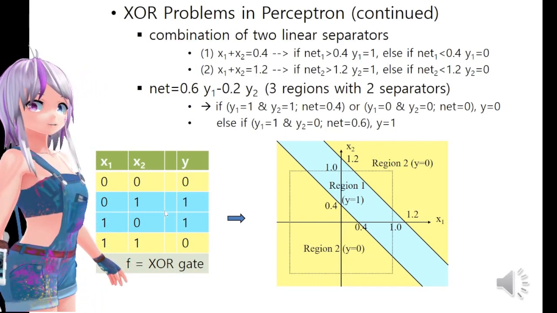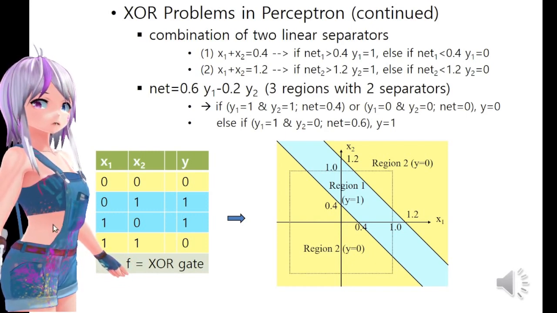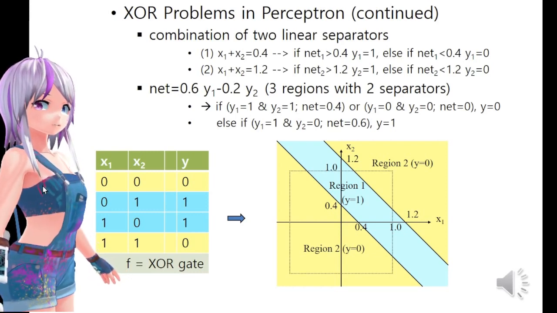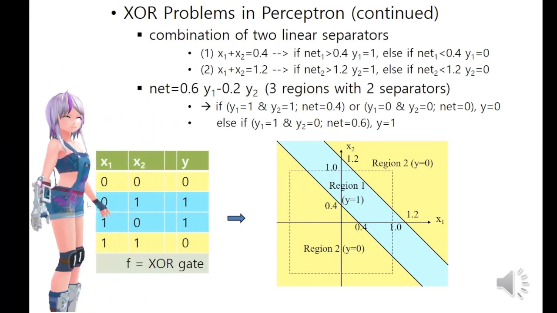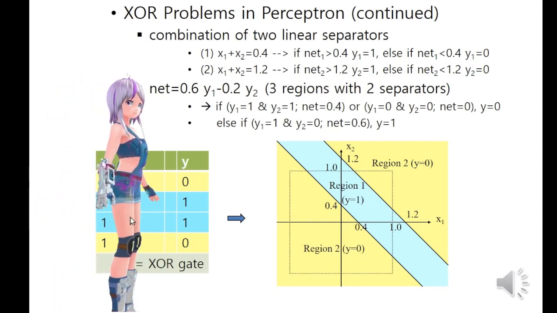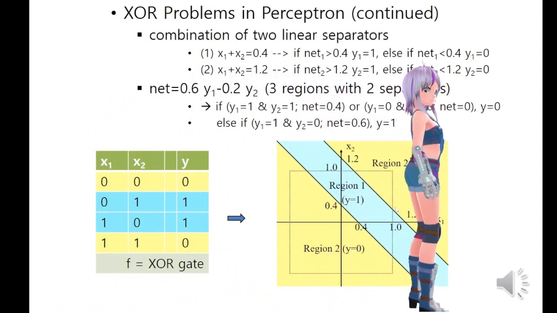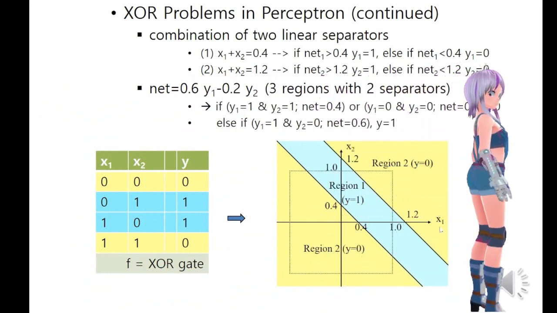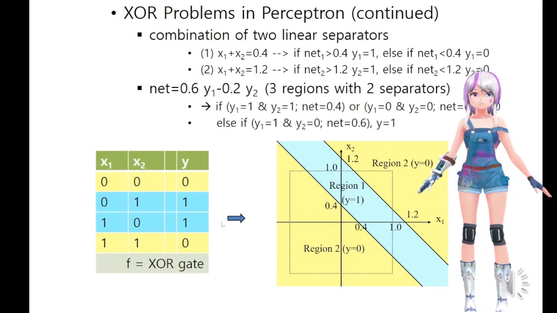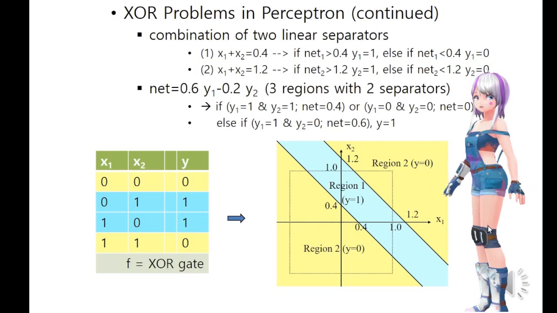Else, if net1 is less than 0.4, y1 equals 0. The second one is x1 plus x2 is 1.2, which says if net2 is greater than 1.2, y2 becomes 1. If net2 is less than 1.2, y2 equals 0. And at the last layer, net value is 0.6 y1 minus 0.2 y2.